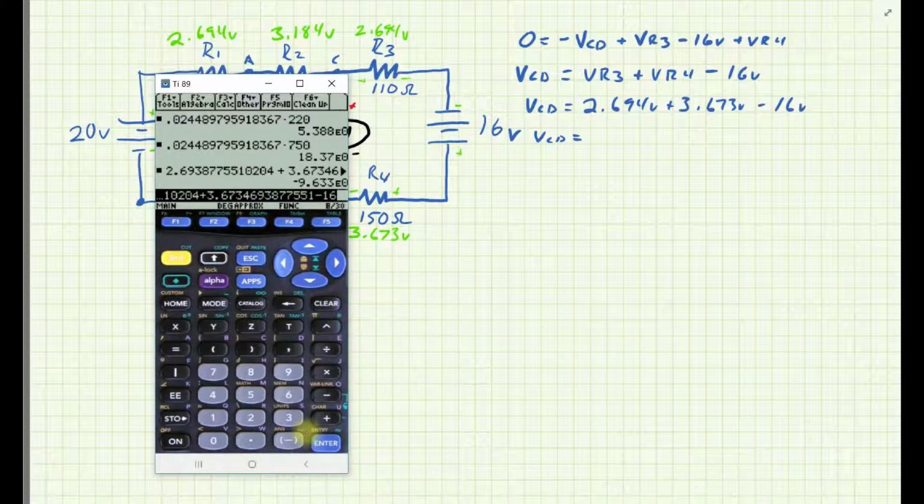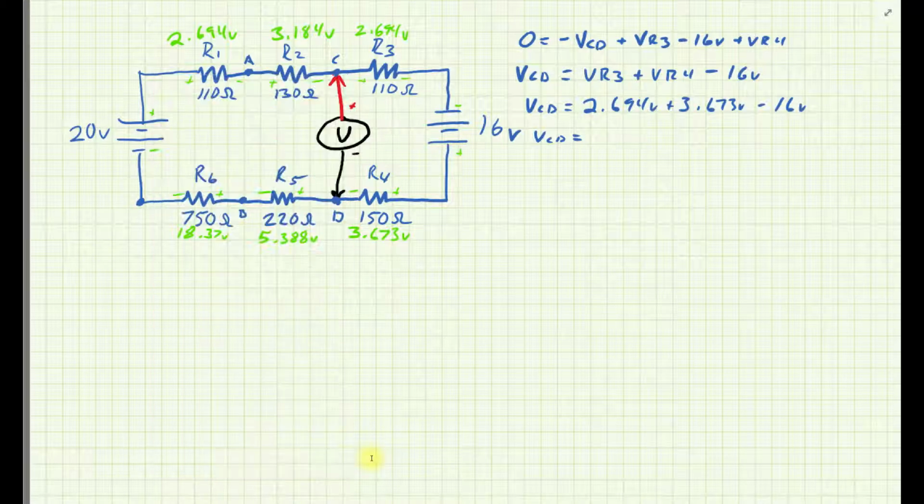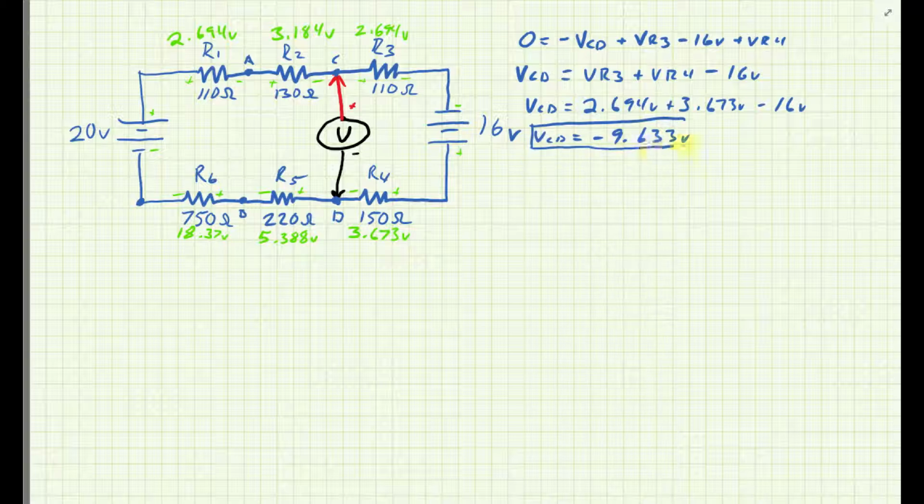And I am getting a negative 9.633 volts. So if I was to build this circuit and put my voltmeter exactly the way I've shown it on VCD, C positive, red negative, I would measure a negative 9.633 volts.